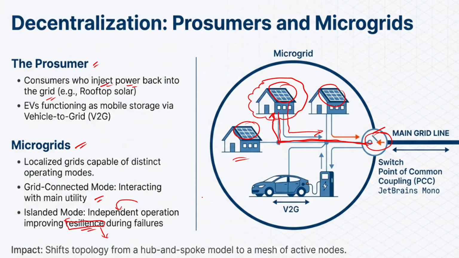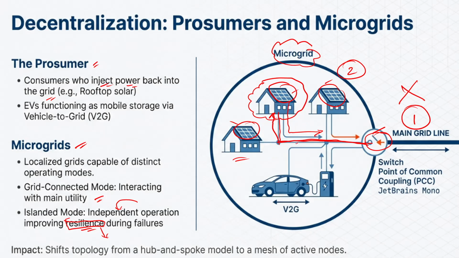Resilient means we have multiple sources of resources, where if one fails, the other will take care. In this case, we have two sources, right? Source one is the main grid, and source two is the microgrid. Let's say the main grid fails, the microgrid can withstand, because we are generating the resource at the local level, and it is not maintained centrally, it is decentralized, right?